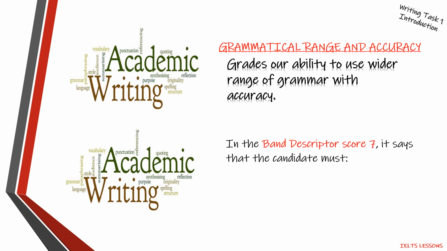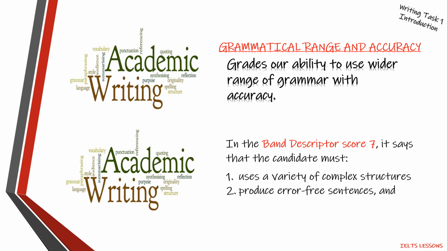And in the band descriptor 7, it says that the candidate must use a variety of complex structures. That's the first one. Then must produce error-free sentences. And lastly, have a good control of grammar and punctuation.